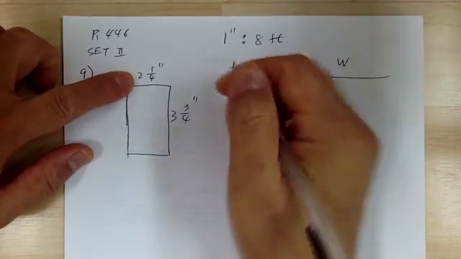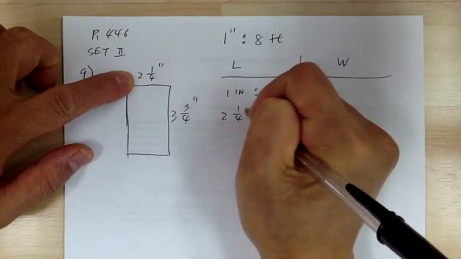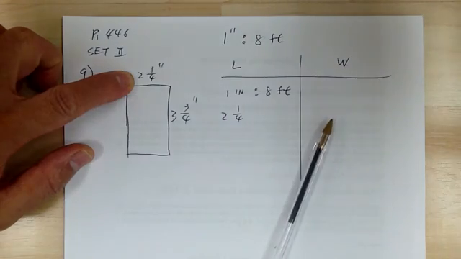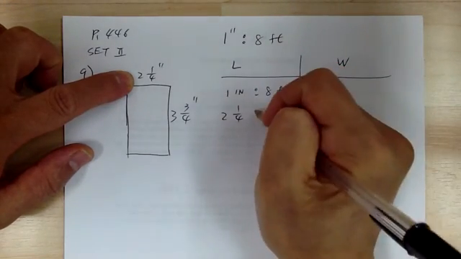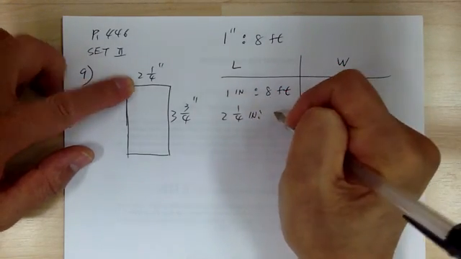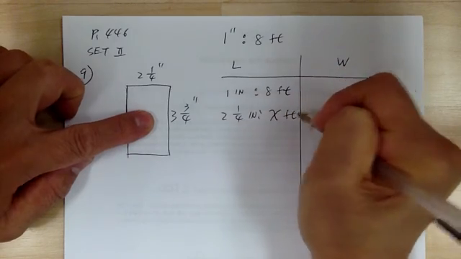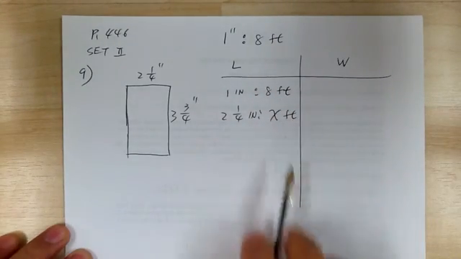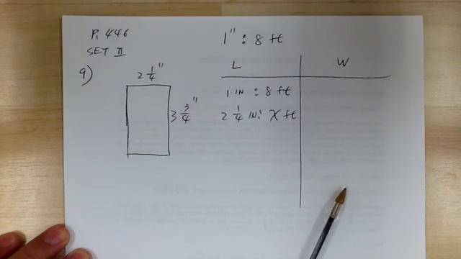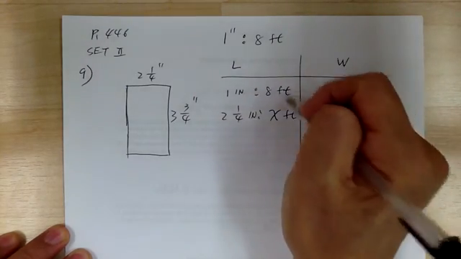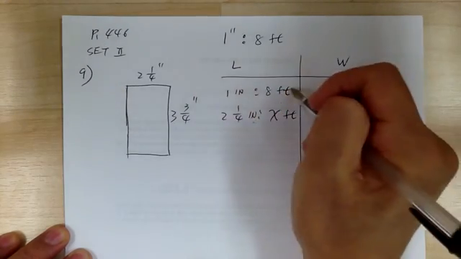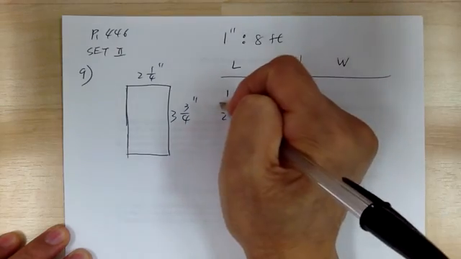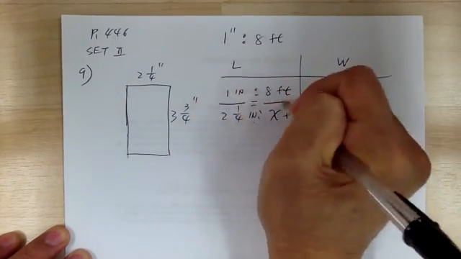And over here you've got 2 1/4 inch, so this is the inch, and you're going to figure out X number of feet. Again, remember what I did with the ratio: when you line up your labels, inch with inch, feet with feet, you just make a fraction line, and that's your equation already.